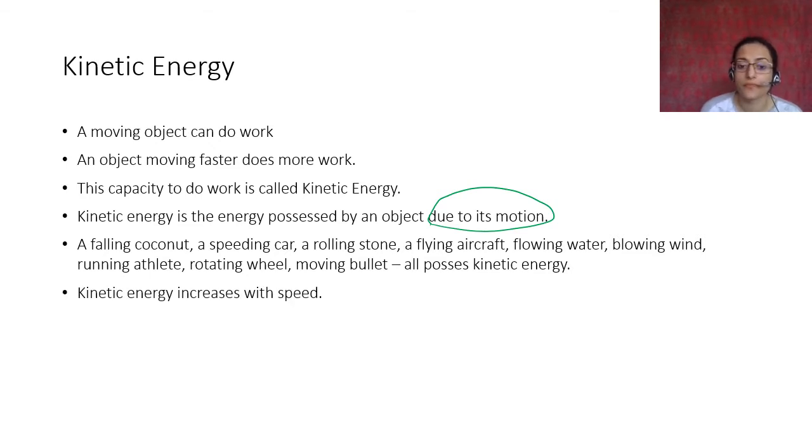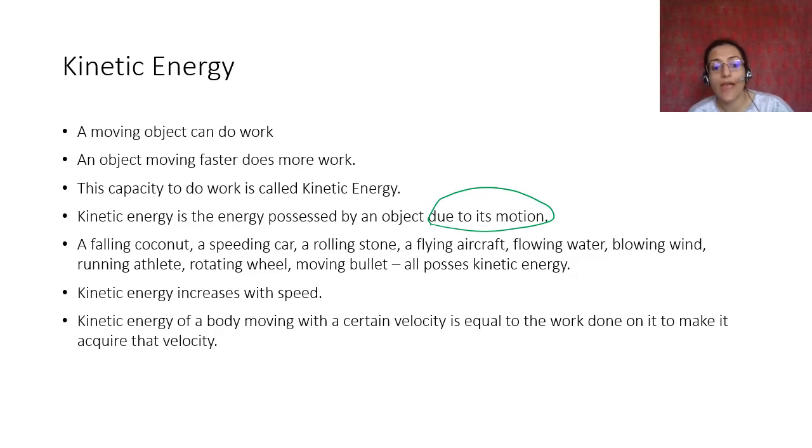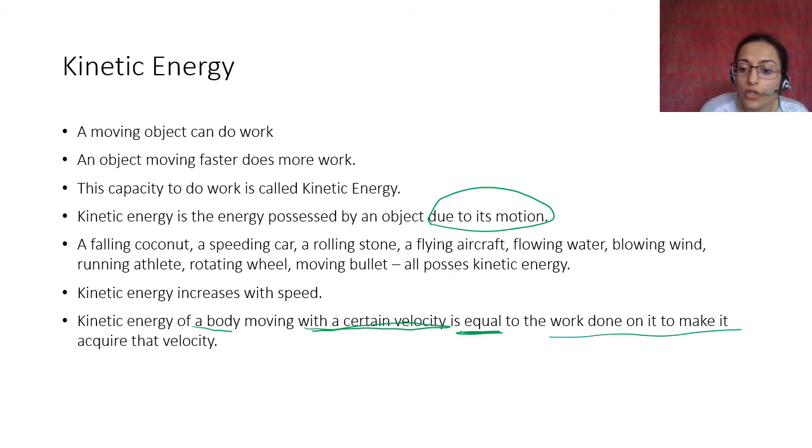Okay? Kinetic energy increases with speed. Kinetic energy of a body moving with a certain velocity is equal to the work done on it to make it acquire that velocity. Please read this again. Kinetic energy of a body moving with a certain velocity is equal to the work done on it to make it acquire that velocity.